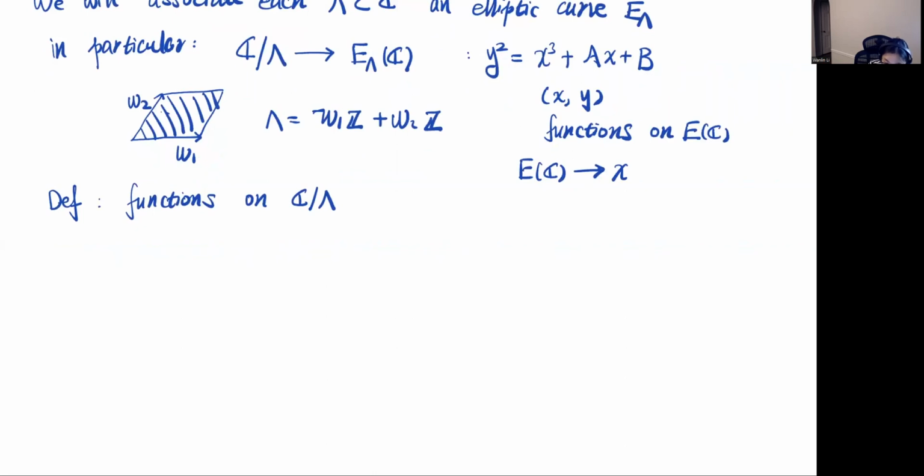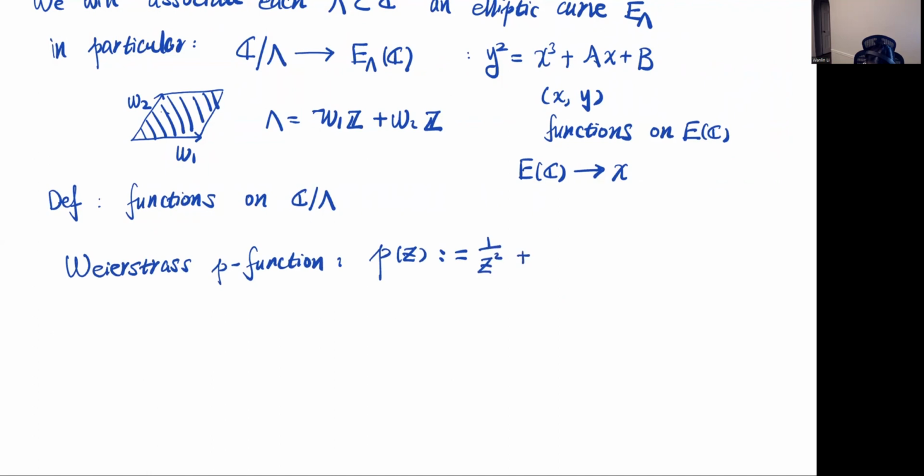We're going to define the following function, which is called the Weierstrass P function. Its definition looks a little complicated, but in the end of the day, it's just a function. You can only define a Weierstrass P function associated to a lattice, so you already have the data of a lattice.